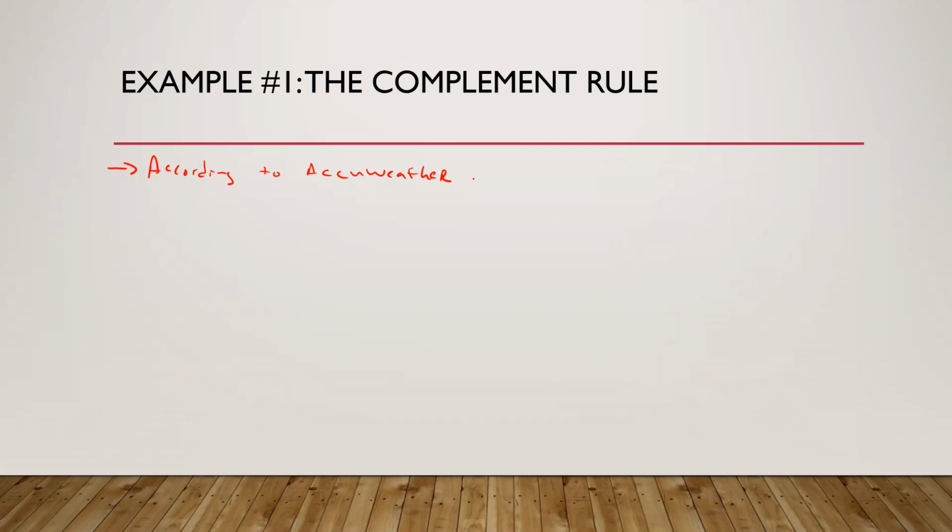According to AccuWeather, the probability it rains today in Morristown, New Jersey, where I live, is 0.20.